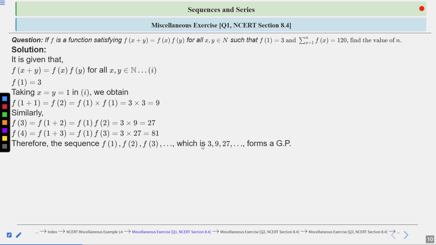Why? Because the ratio of consecutive terms is equal to 3. That is, 9 upon 3 equals 3 and 27 upon 9 equals 3. So this sequence is in geometric progression. Here the first term of the geometric progression is 3 and the common ratio r equals 3.